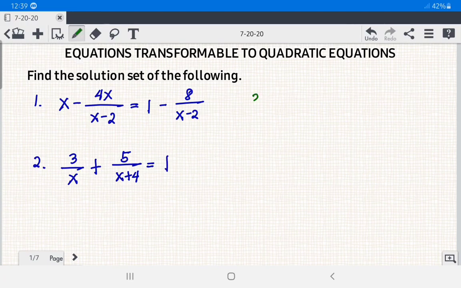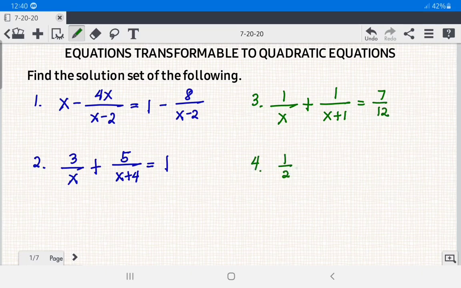Then for number 3, we have 1 over x plus 1 over x plus 1 equals 7 over 12. And then number 4, we have 1 half minus 1 over x minus 1 equals 6 over x squared minus 1.